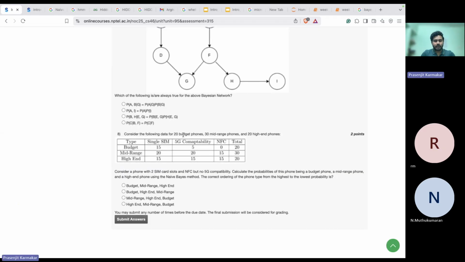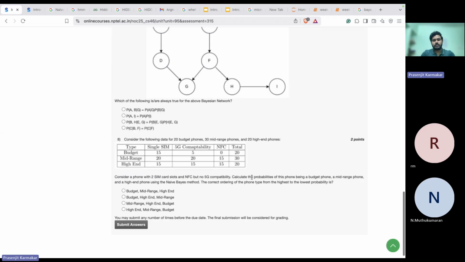Okay. Consider the following data points: 20 low-budget phones, 30 mid-range phones, 20 high-end phones. Consider a phone with 2 SIM card slots, 2 NFCs, and all. Mid-range, high probability. What is the correct ordering of phone type from the highest to lowest probability? So what is the probability of a particular phone which has the highest probability? These are counting problems.